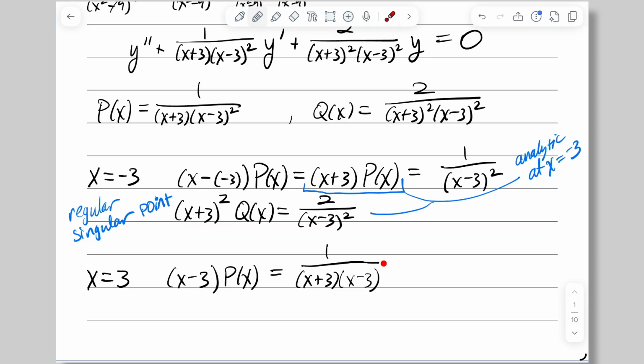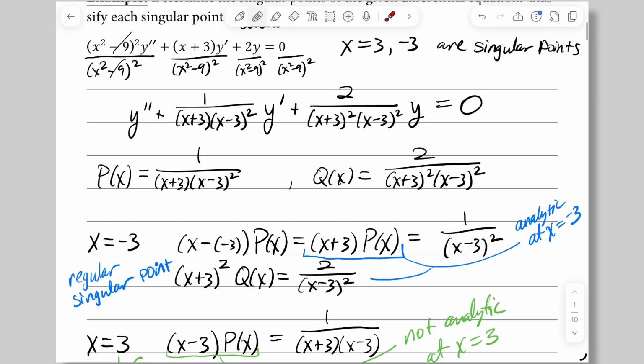We can see that there's not a power series representation for 1 over (x plus 3)(x minus 3) centered at x equals 3. We have an infinite discontinuity in the denominator. So (x minus 3) times p of x is not analytic at x equals 3. That makes x equals 3 an irregular singular point.